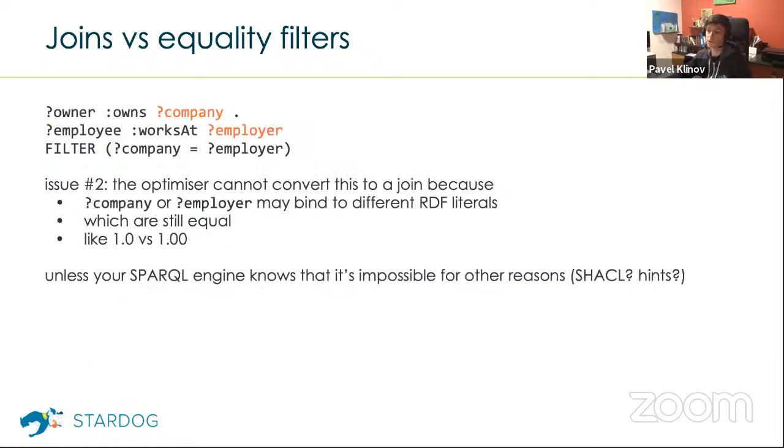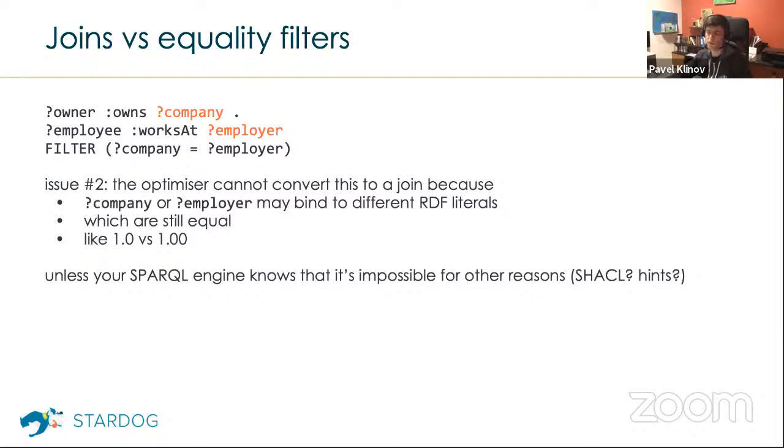And issue number two is that this filtering approach may even return different results from the join if the variables bind to RDF terms, literals, which might be equal but not identical, which is particularly true for numbers.